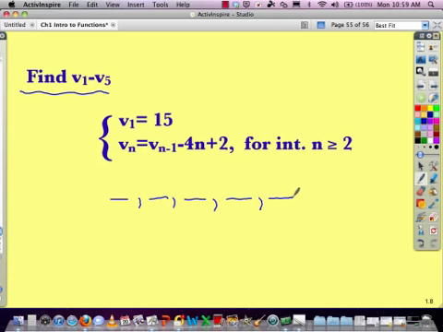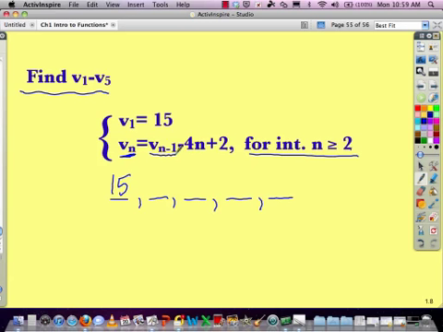Now, reading it for meaning, I'm seeing the first term in our sequence is 15. So let's write it. Then all other terms in our sequence will be equal to our previous term minus 4 times n, which is our counter, plus 2.